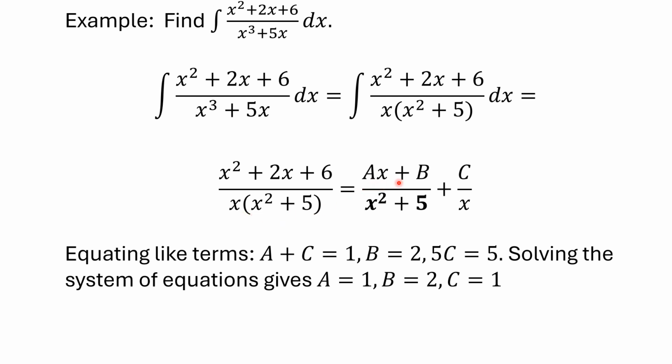And so it's going to be ax plus b over this term plus c over x. And so if I go through this, equating the like powers, I'm going to get a equals 1, b equals 2, and c equals 1.